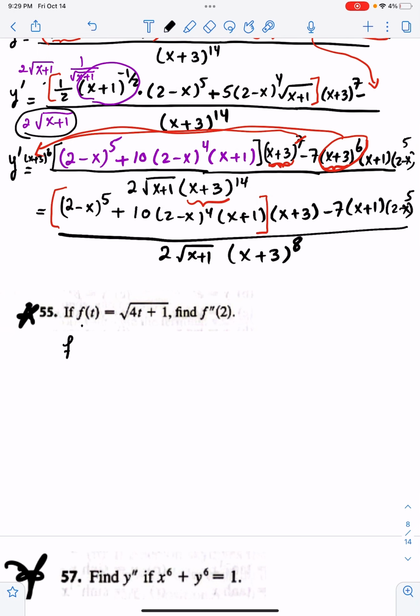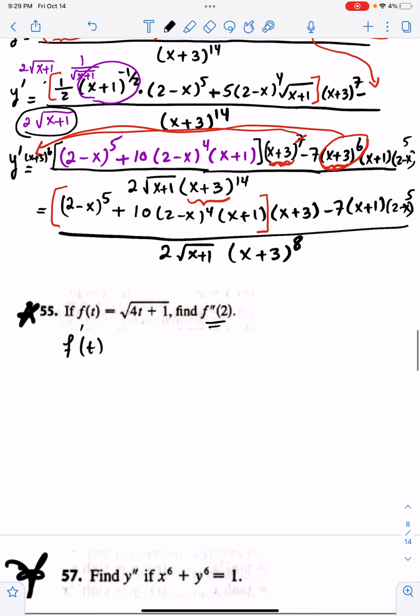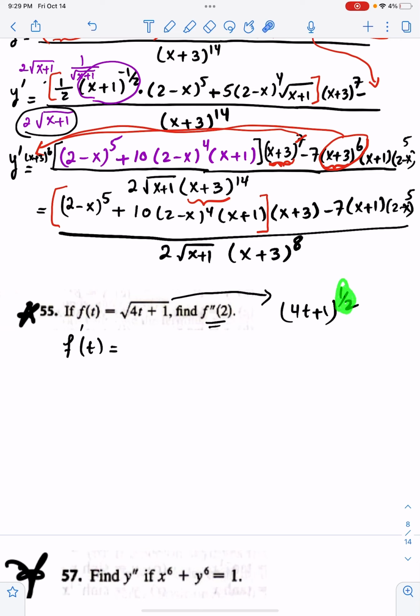So next one, 55, finding f prime of t and then f double prime of t and then finding f double prime of 2. So that's (4t plus 1) to power 1/2. So you bring 1/2 to the front of the parentheses and subtract 1.